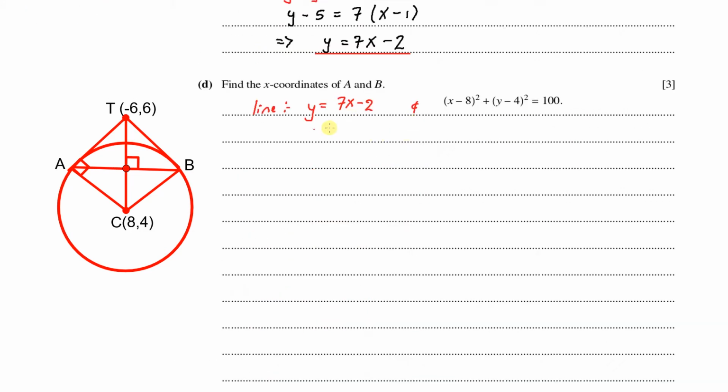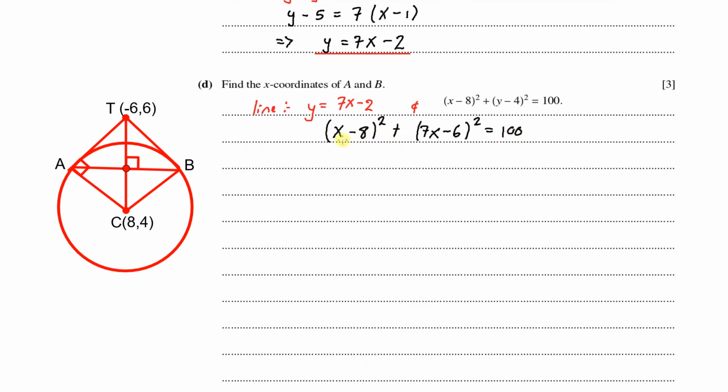So what I'm going to do is solve this simultaneously by substitution. So for the equation of the circle, that's x minus 8 squared plus y, but in place of y I'll put 7x minus 2. So that will be 7x minus 2 minus 4. So that's 7x minus 6 squared is equal to 100.